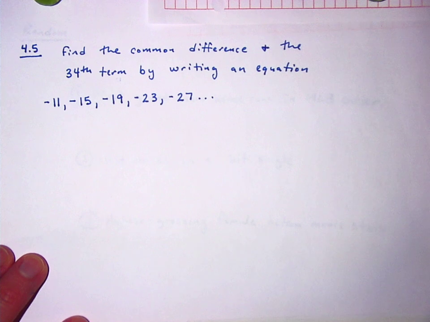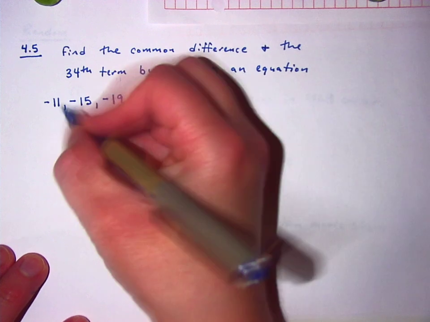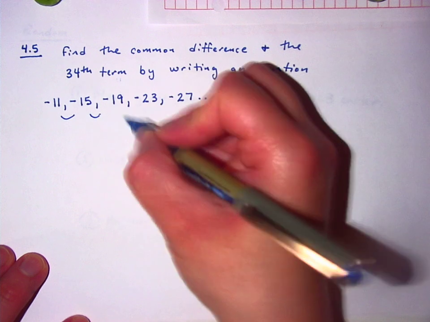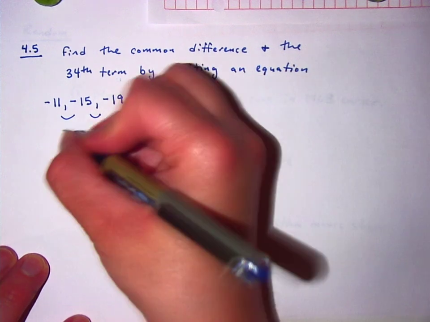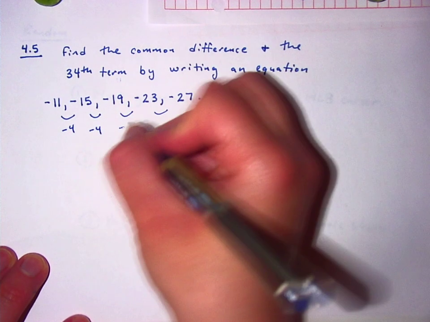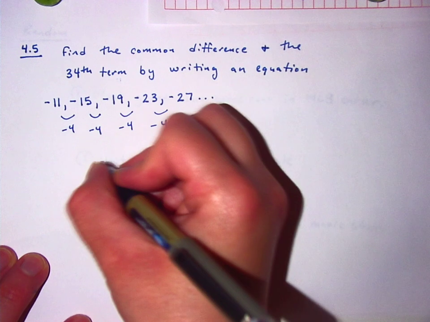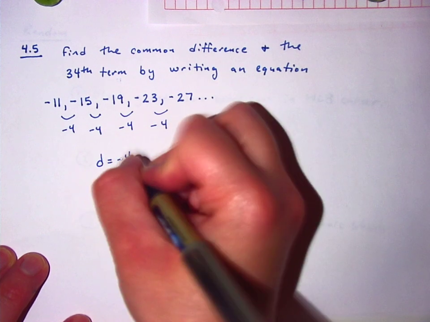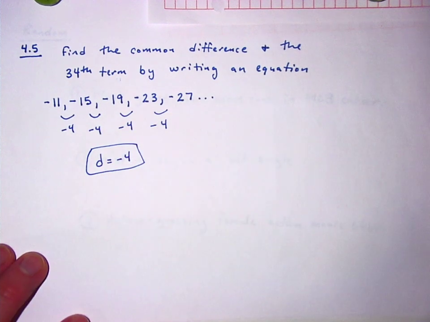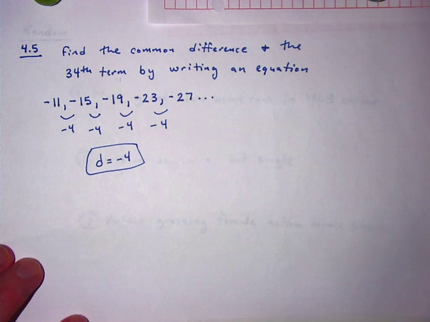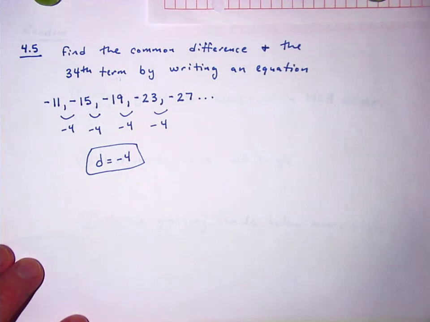All right, next up. Find the common difference and the 34th term by writing an equation. Okay, so the common difference, it looks like every time it's going down 4. So the common difference is negative 4. That's what you have to add every time, or what's happening every time is you're subtracting 4.